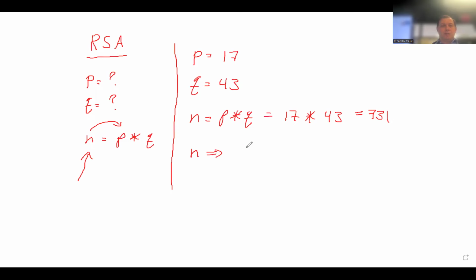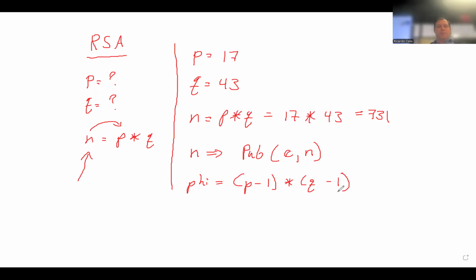As you know, one key assumption here is that N is made public. It's in the public key, so in the public key you're going to have E comma N. Your goal is to break N, factorize it to obtain P and Q. We also have this other value phi, which, once you've broken N to obtain P and Q, you can calculate because it is P minus 1 times Q minus 1.